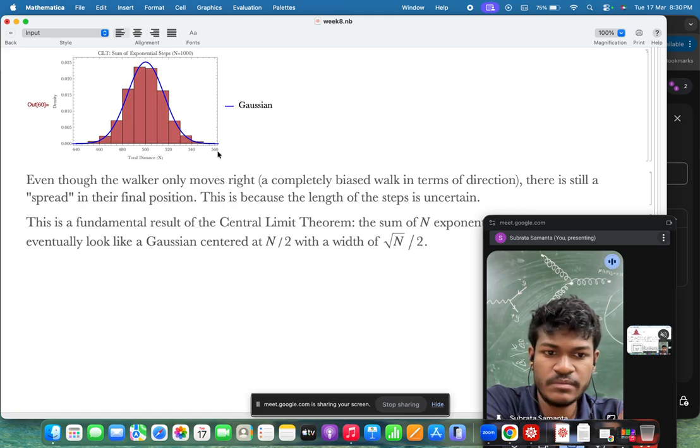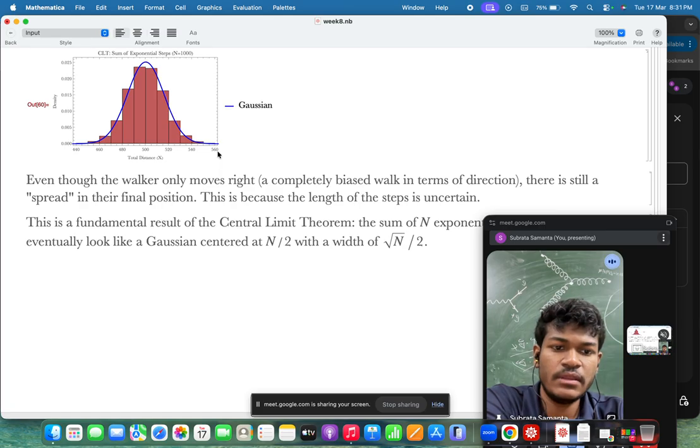We calculate the spread, that is the standard deviation, because the length of the step is uncertain. So it is not always needed that we move both sides. There is a completely one-sided bias in terms of direction in the random walk, but since the length of the steps is uncertain, there is also a spread in the final positions.